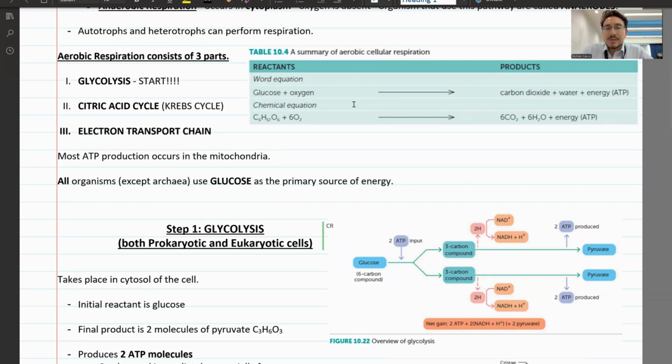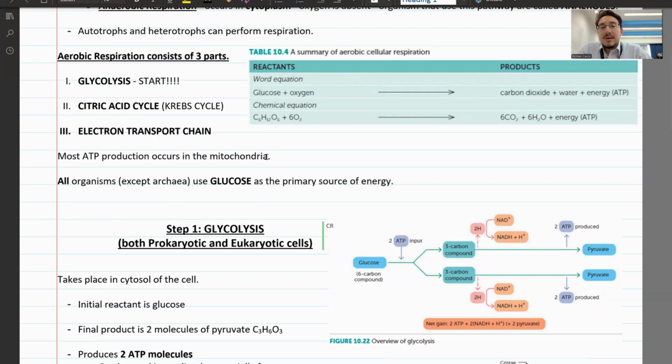Okay. If you take a look at this table here, the overall chemical equation of aerobic respiration, which you do need to know in detail in word form and in balanced chemical equation form, is glucose, C6H12O6, plus oxygen, 6 molecules of oxygen to be precise.